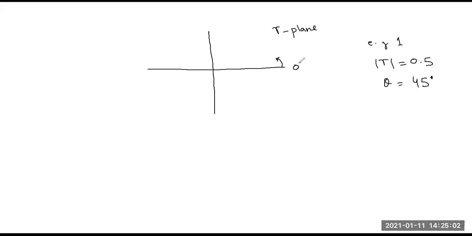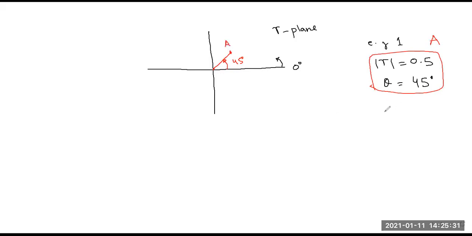So this is 0 degrees. I draw a line of length 0.5 at 45 degrees, and let me call this point A.